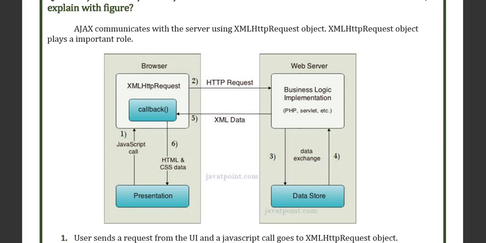Then the server sends the data to the callback function by section number 5 with XML data. And then finally the callback function sends the HTML and CSS data to the presentation layer. That's how Ajax works. This diagram is also very important from an examination point of view. Take a snap of this one.